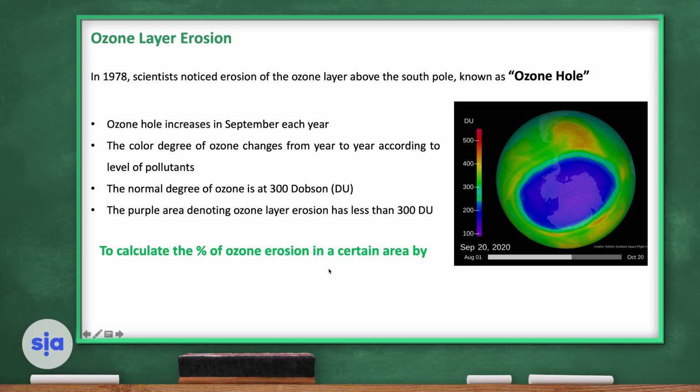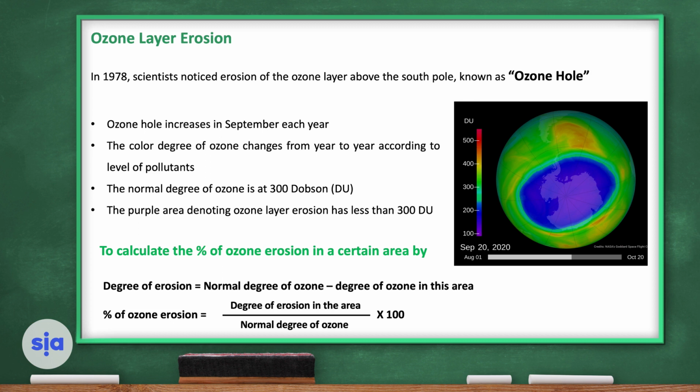Let's see how to calculate the percentage of ozone erosion in a certain area. The degree of the erosion is equal to the normal degree of ozone, which is 300, minus the degree of the ozone in this area.